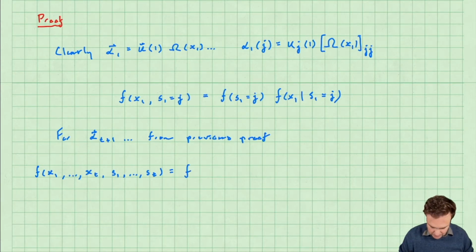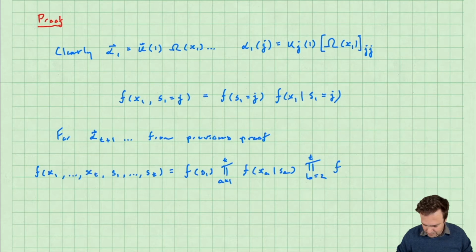It looks like this: f of s1, and then the product of a equals 1 to little t of f of xa given sa, and then times this other product, b equals 2 up to little t, of the transition probability matrix. Like that. That's how it looks for going up to t.